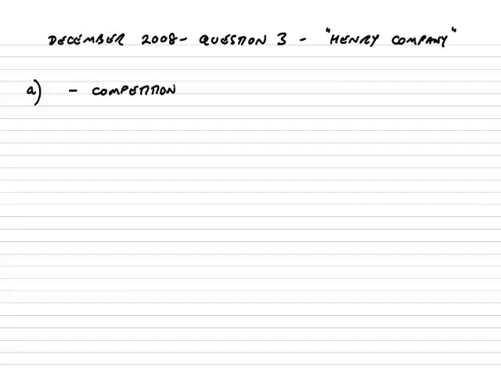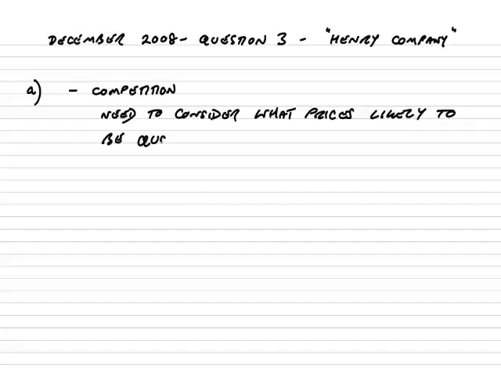Now the question does say describe, not list, so just writing one word is no good for 2 marks. But he's not wanting a long explanation. Why are we interested in competition? We need to consider what prices are likely to be quoted by other bidders.